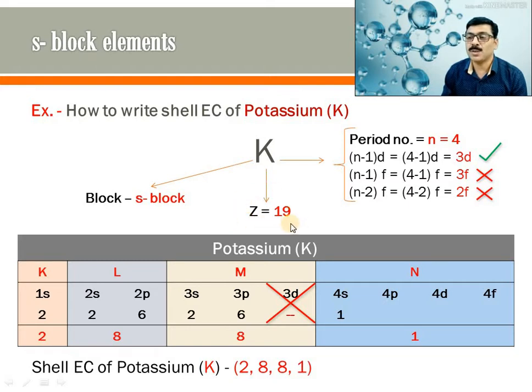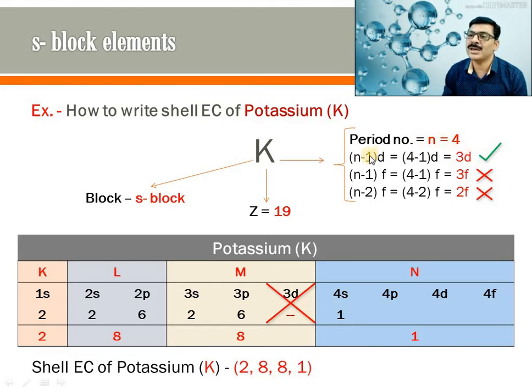If you know the atomic number, then you can easily fill up the electrons in orbitals. So it is very, very important to remember the atomic number of any elements. Now then third, the period number, and the period number of potassium is fourth. Means potassium is present in fourth period, means the value of n is equal to 4.